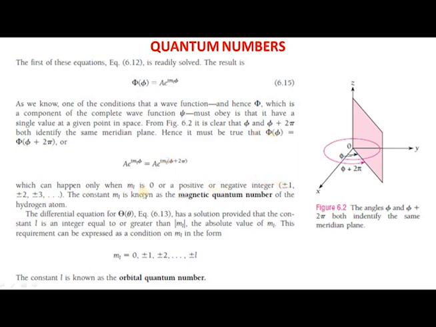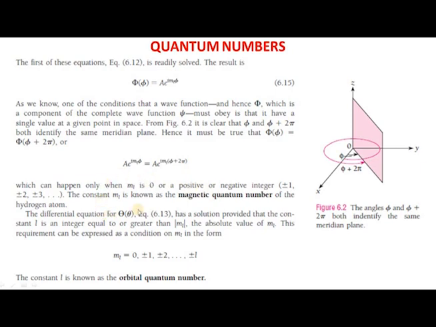So ml can have values 0, plus or minus 1, plus or minus 2, plus or minus 3. This ml is known as the magnetic quantum number, and for the solution to be of this form, ml can take only positive or negative integer values including 0.